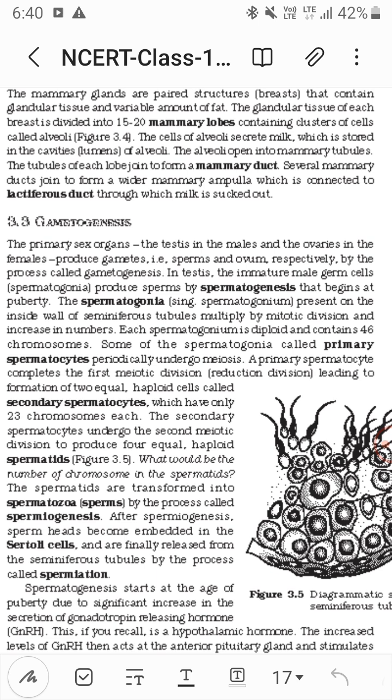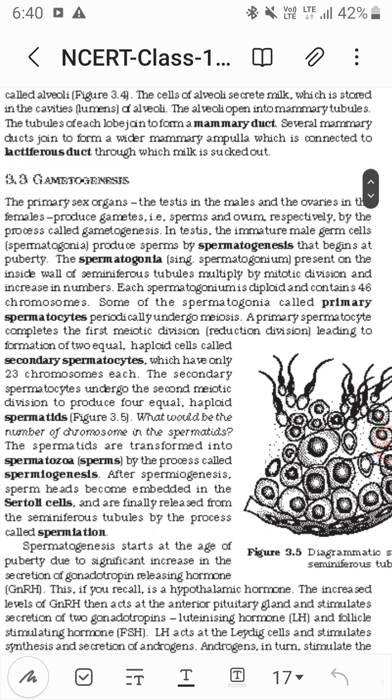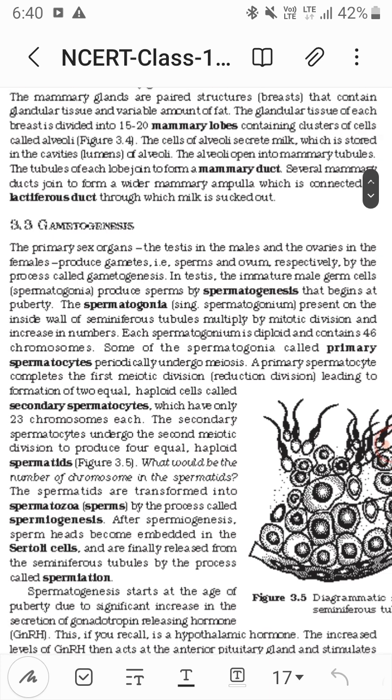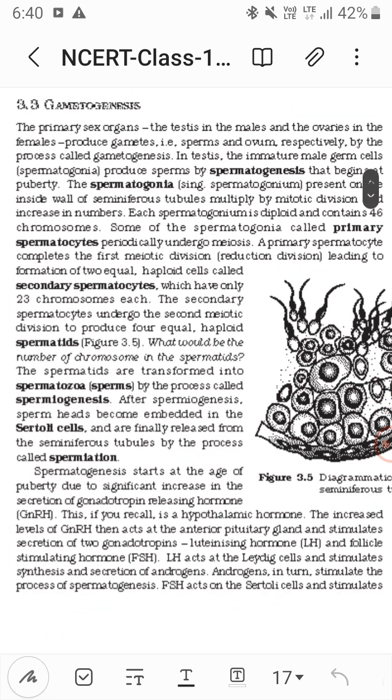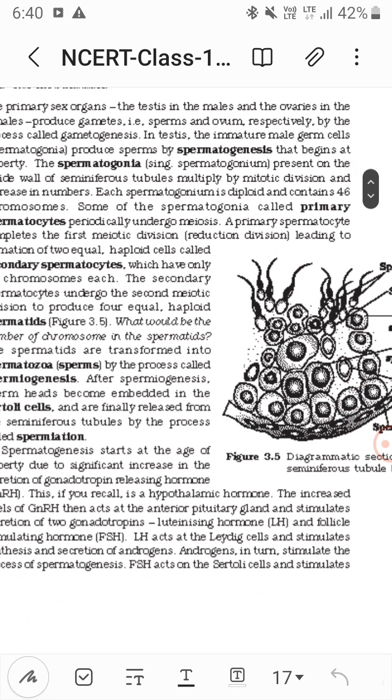The release of the spermatozoa from the Sertoli cells into the seminiferous cavity is known as spermiation. The whole process from spermatogonia to spermatozoa is spermatogenesis. Spermatogonia are diploid, primary spermatocytes are also diploid, secondary spermatocytes are haploid, and sperms are haploid.